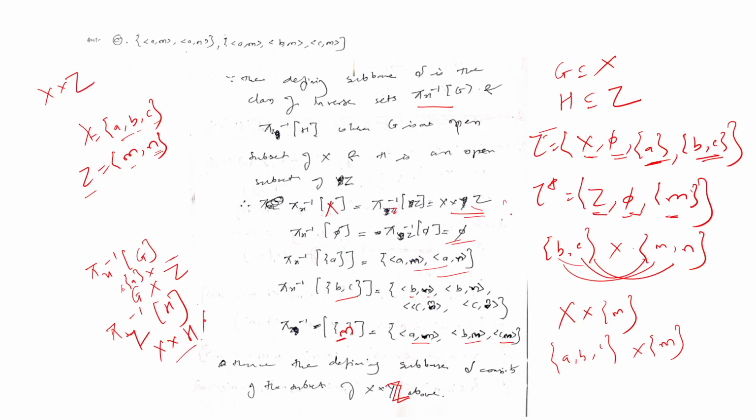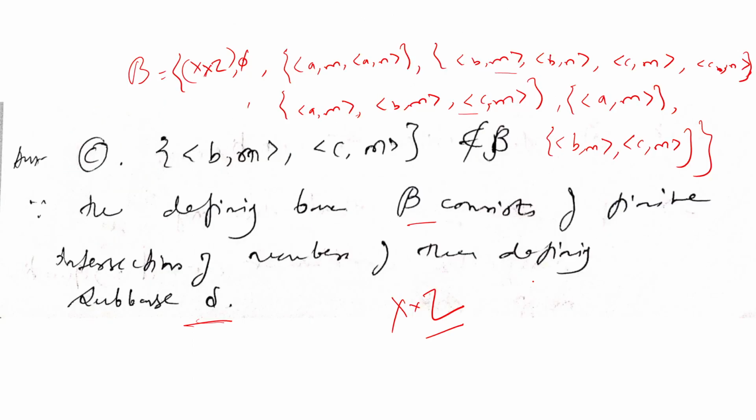It consisted of all these only, and why here it is the basis? It will be this. Is your doubt clear? Is it clear to everyone? Or if you have any doubt, you may ask.